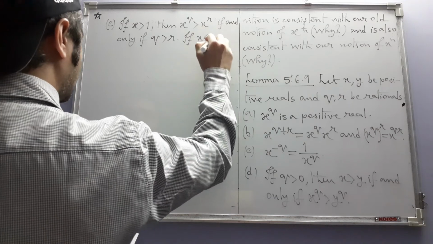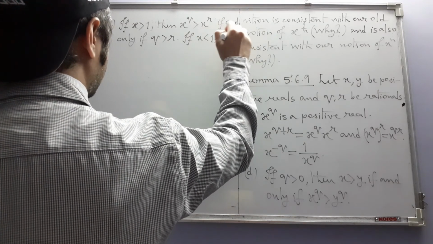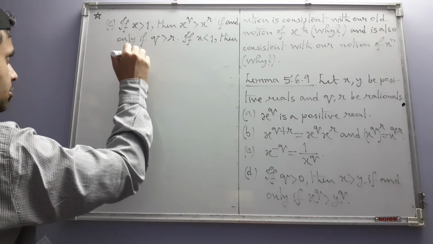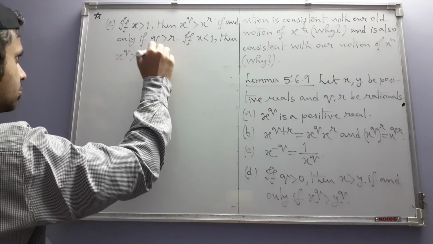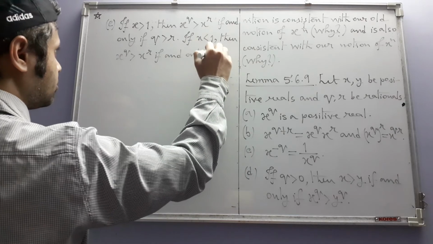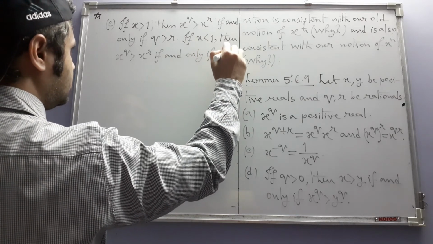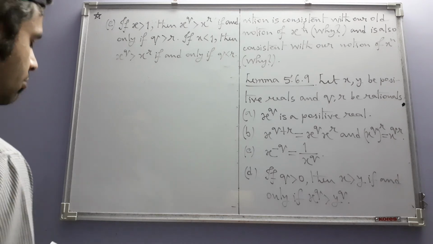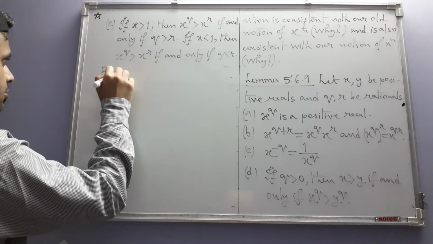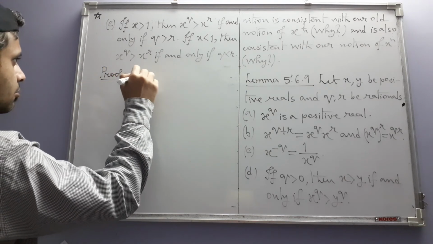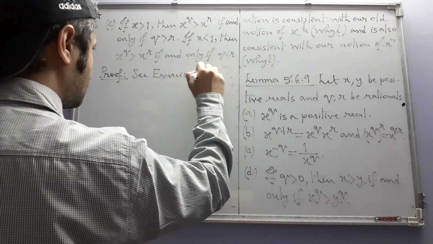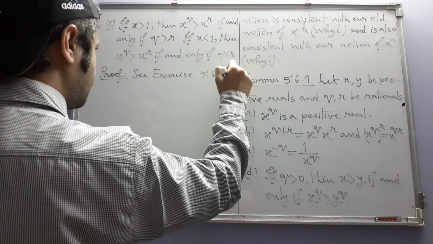If x is less than 1, then x to the power q is greater than x to the power r if and only if, this time it will get reversed, q is less than r. And its proof is the second exercise, Exercise 5.6.2.